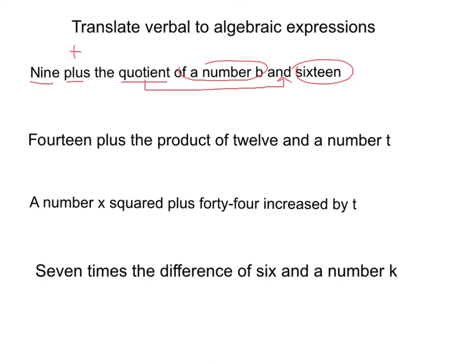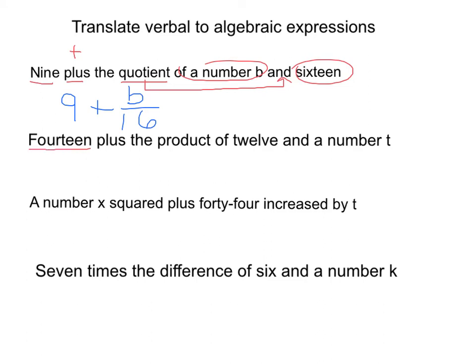Okay, so I'm going to translate this into an expression. 9 plus the quotient of a number b and 16. The next problem says 14 plus the product of 12 and a number t. So I'm going to do the same thing.